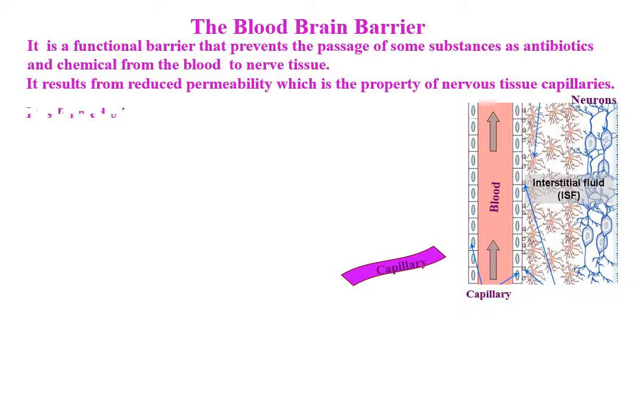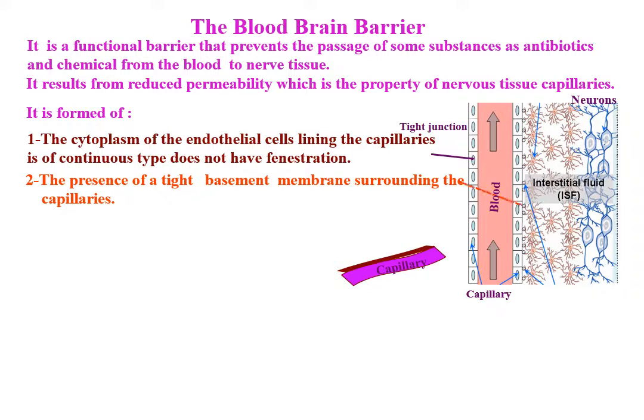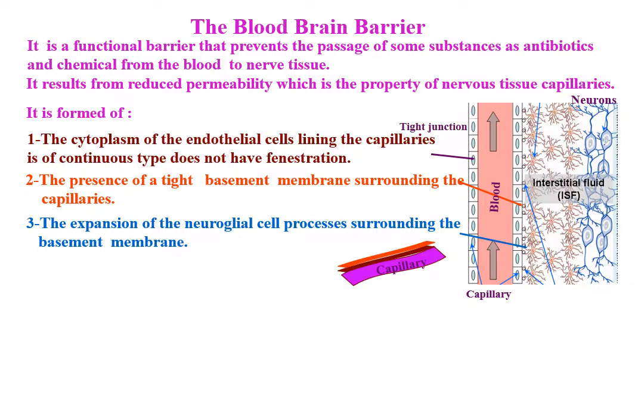It is formed of the cytoplasm of the endothelial cells lining the capillaries, which is of a continuous type and does not have fenestration. The presence of a tight basement membrane surrounding the capillaries. The expansion of neuroglial cell processes surrounding the basement membrane.